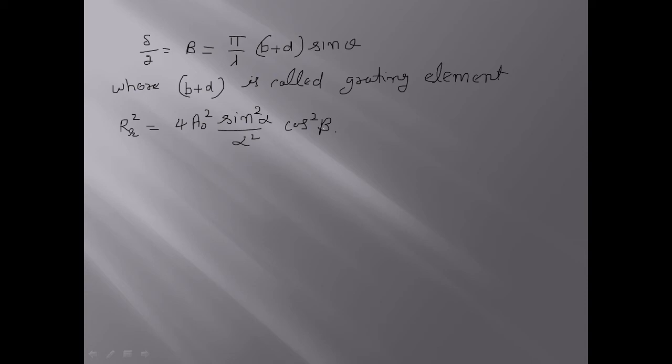And as we know that the intensity is equal to the resultant square. So intensity at point P is equal to this R square is equal to 4 E naught square sine square alpha divided by alpha square cos square beta. Here from this expression it is clear that the resultant intensity depends on two factors.